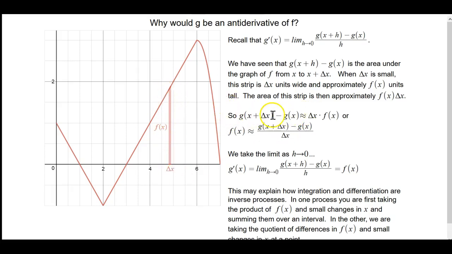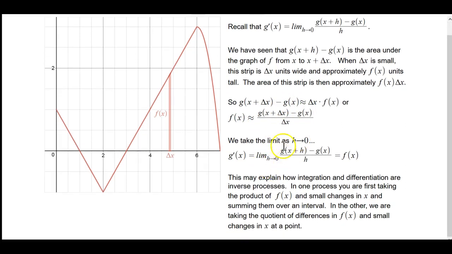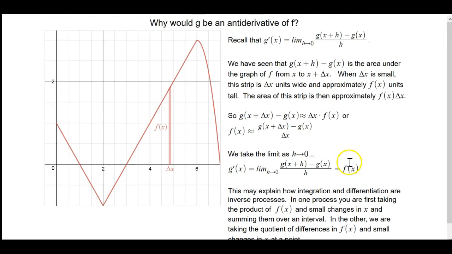So the difference in area is approximately the width delta x times the height f of x. I can divide both sides by delta x, and I get f of x is approximately equal to the difference quotient. Then if we take the limit as h, or delta x, goes to 0, we get that the derivative of g is equal to f. This isn't the rigorous proof, but I think it gives a good picture of what's going on.